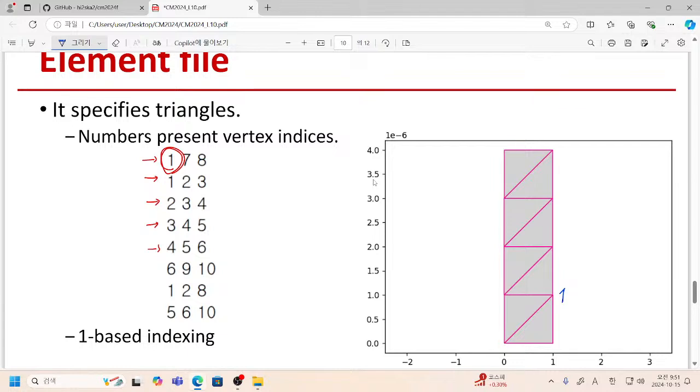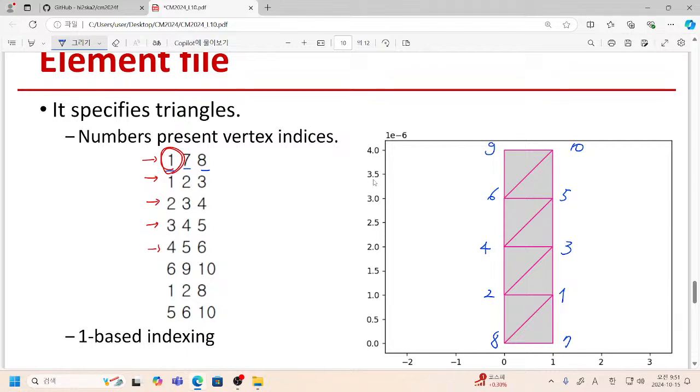Yes, 1, 2, 3, 4, 5, 6, 7, 8, 9, 10. If I remember correctly, that was the appearance order. And when it says 1, 7, 8, it means that connecting the first point, 7th point, and 8th point makes a triangle. Can you identify the triangle assigned by this first line?